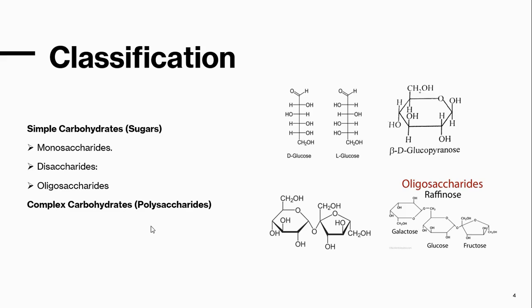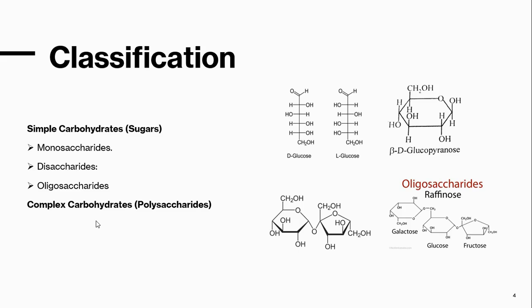For monosaccharides, examples are glucose, fructose, and galactose. They are also referred to as aldohexoses, ketopentoses, aldopentoses, like that. They can be named based on the number of carbon atoms in their molecule and also based on the functional group they have.